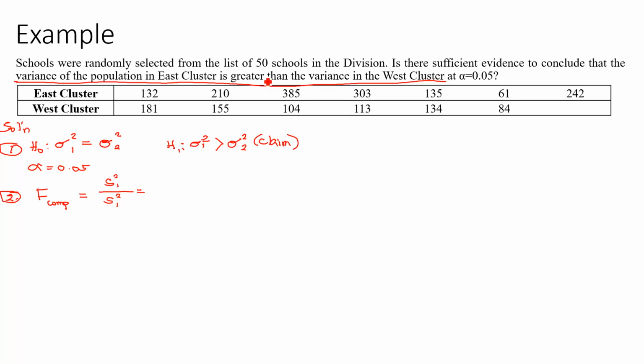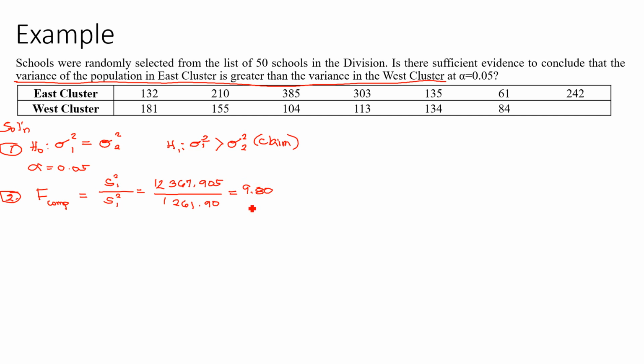The variance in the East cluster, since it's much greater compared to the West, should be placed in our numerator: 12,367.905 over 1,261.90, which is equal to, as we got in our Excel, 9.80. So this would be our computed F value.